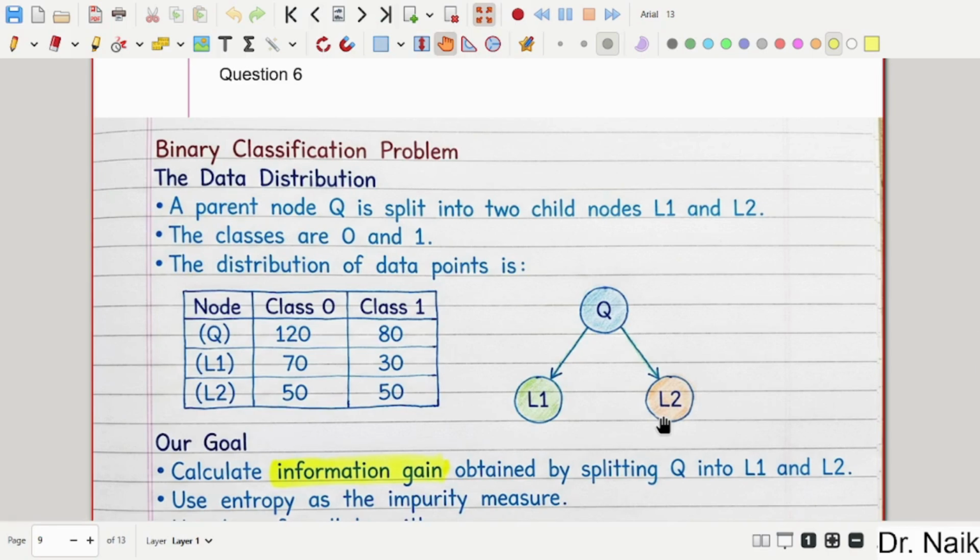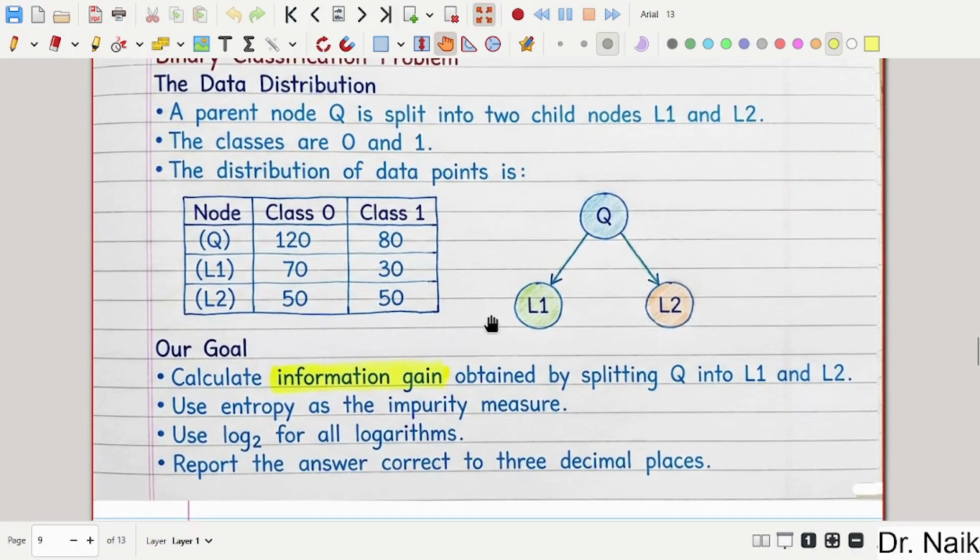The parent node has 120 points that belong to class 0 and 80 points that belong to class 1. Child node L1 has 70 points that belong to class 0 and 30 points that belong to class 1. Child node L2 has 50 points that belong to class 0 and 50 points that belong to class 1.